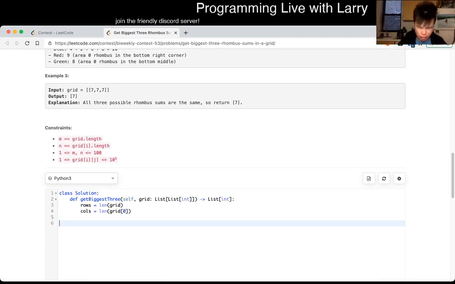The way that I'm doing it is very silly, but sometimes you have to do silly things to solve tricky problems. So let's get started.